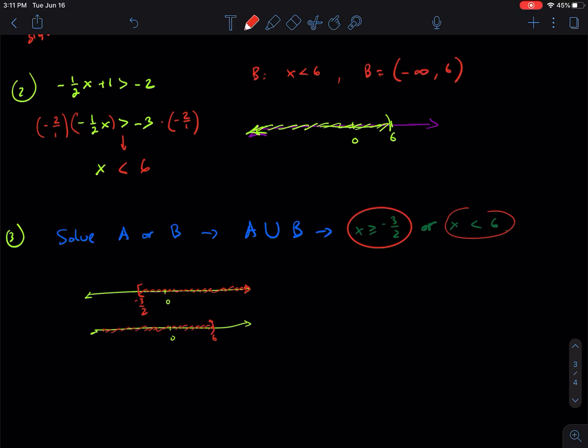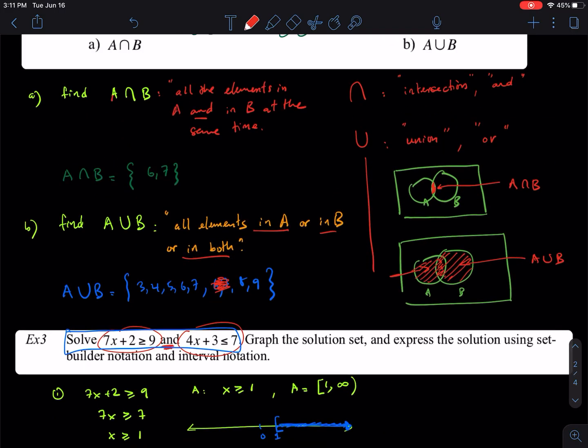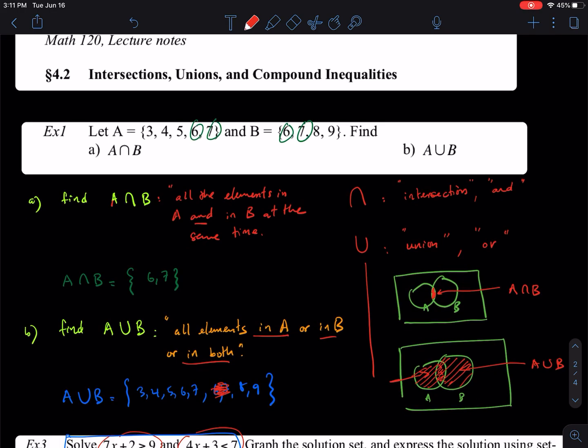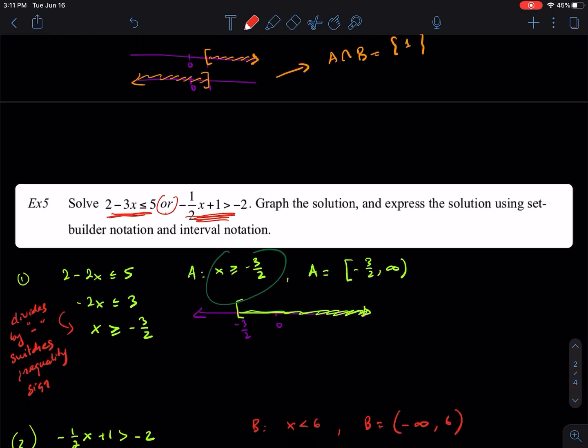Remember, this is the compound inequality OR statement. An OR statement means it's in A, or in B, or in both. So we combine both sets together, not taking the intersection.